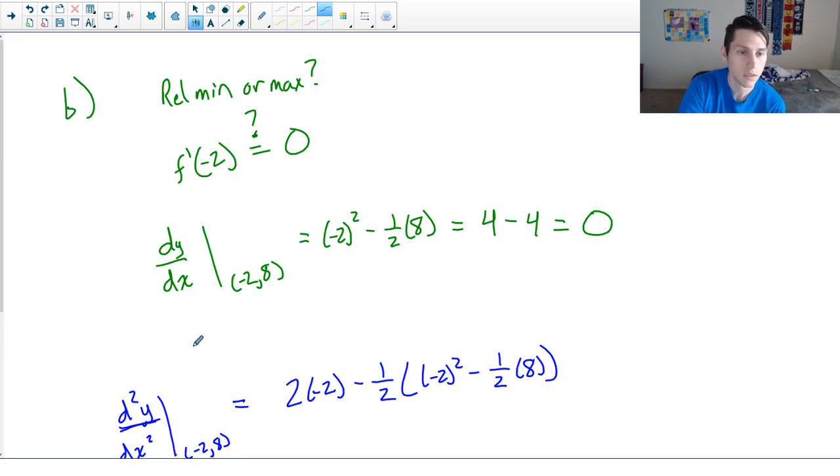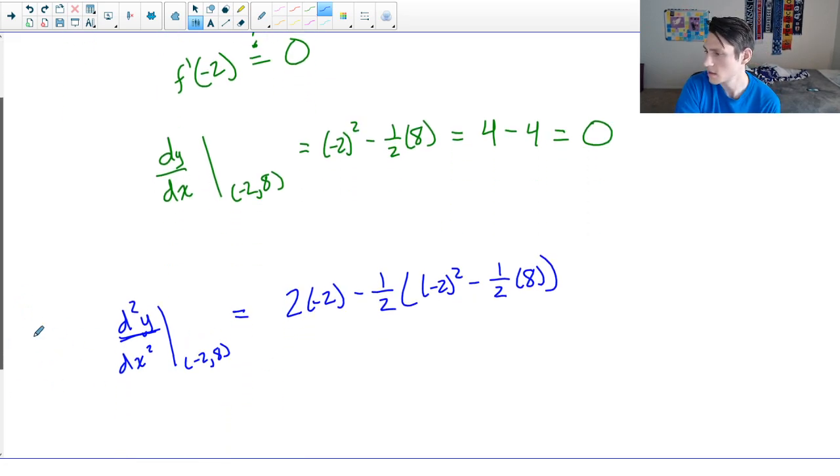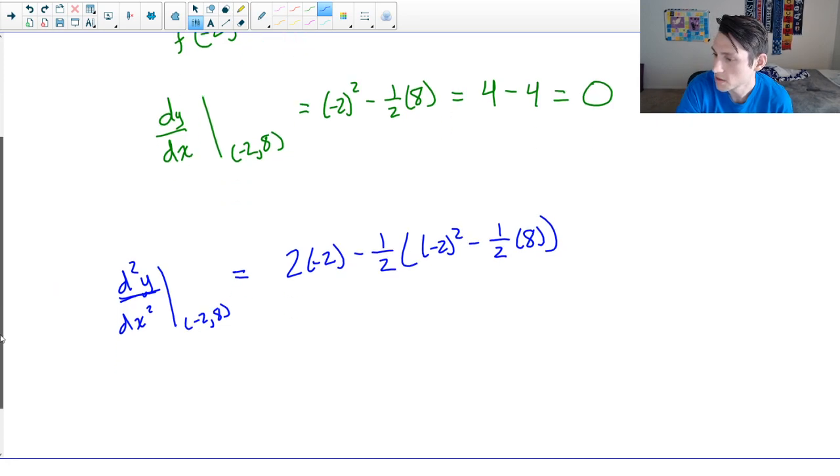Is that right? 2x minus 1/2 times x squared minus 1/2 y. Okay, yeah. I have to flip back and forth between pages or scroll up and down.